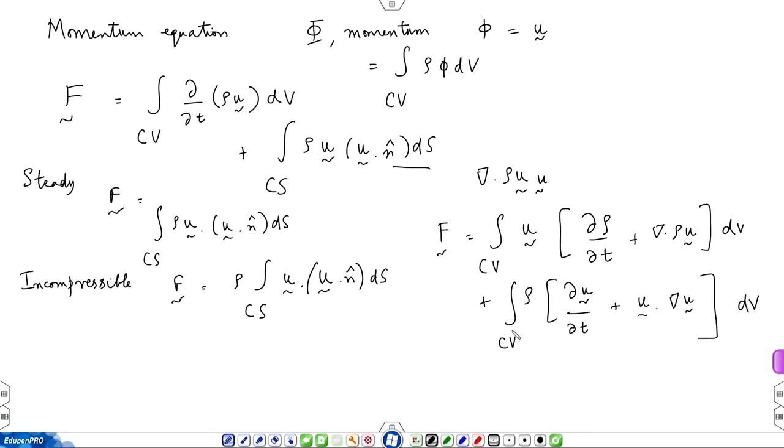So, this is just writing that expression, almost analogous to the mass balance equation. Now, how much is the first term, the time derivative of rho plus del dot rho u? How much is it? Can you tell me?